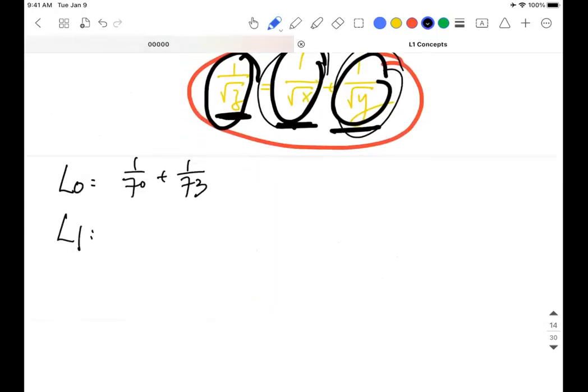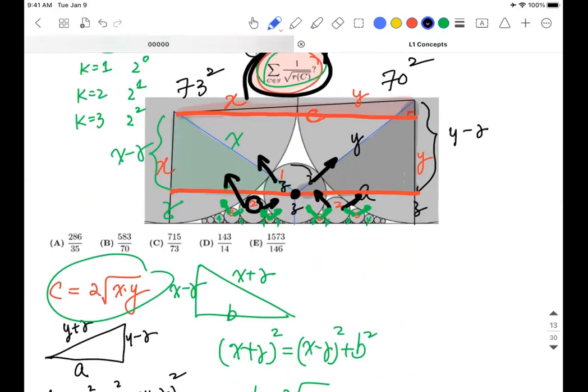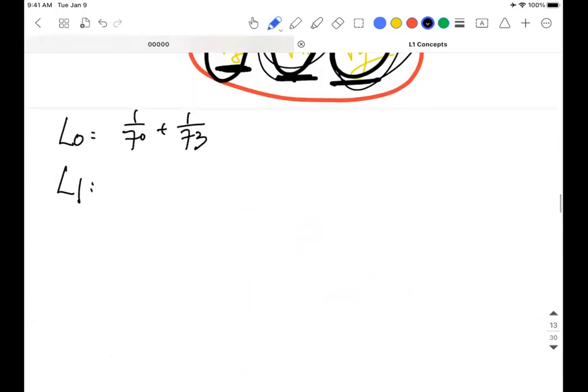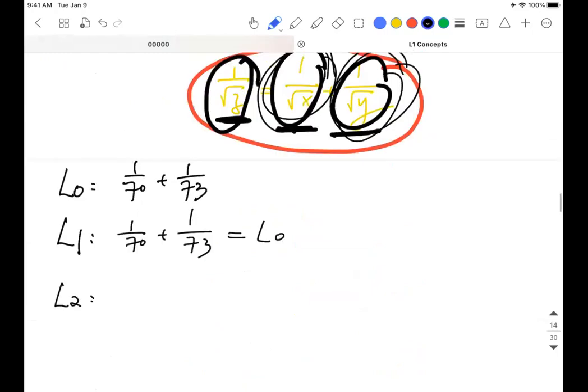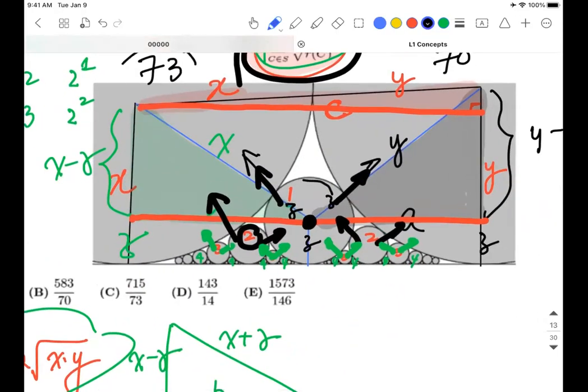What about my layer 1? My layer 1 is exactly here, touching this guy, touching this guy. I only want to take the reciprocal sum. So this guy is actually equal to layer 0. What about my layer 2? My layer 2 will be 73, take a reciprocal, plus z, take a reciprocal.